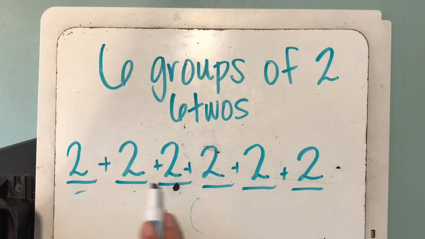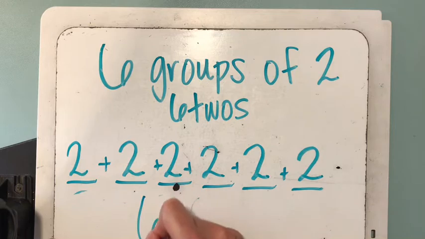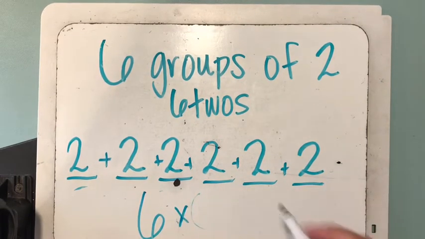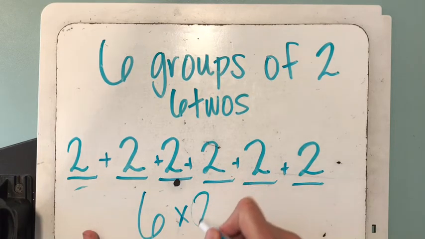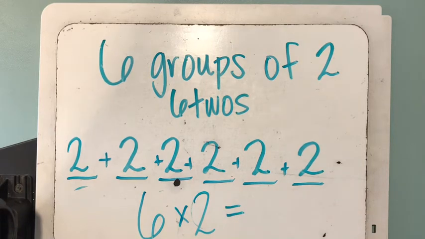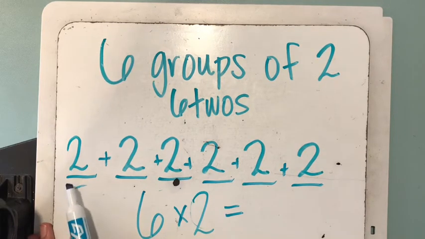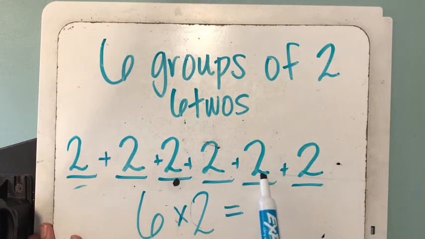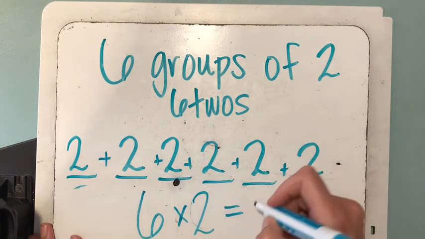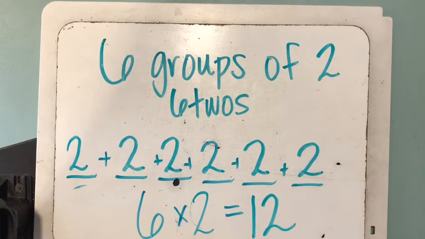So how many groups do we have? 6 times, make sure you guys can see that, 6 times, and I had 2 in each group, equals, how can we solve that? Well, we can use our picture that we had down here. I'm going to skip count by 2s. Ready? 2, 4, 6, 8, 10, 12. So 6 times 2 equals 12.